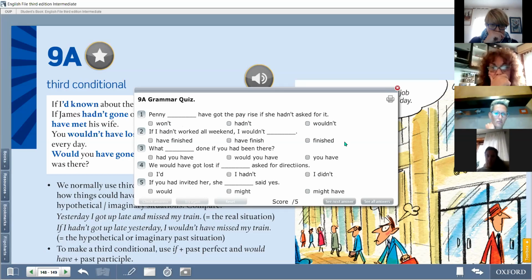Let's go, Anna. Allora, Penny would have got the pay rise if she hadn't asked for it. Aspetta. Passato. Wouldn't have got the pay rise if she hadn't asked for it.